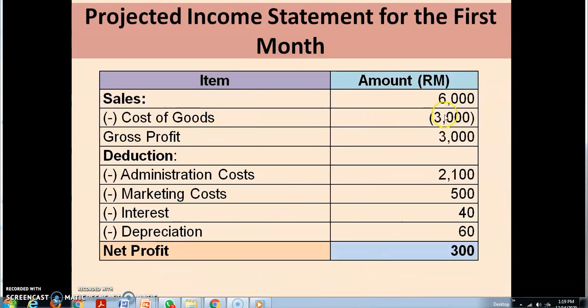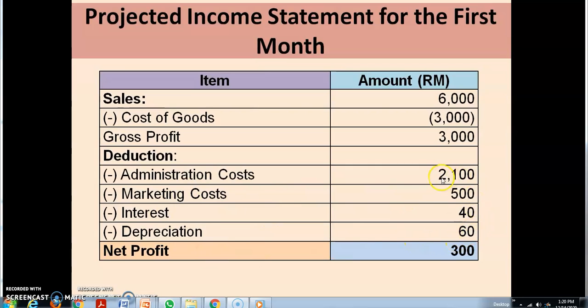Here, after you have the gross profit, if you want to determine the break-even point, you must deduct the total operating costs from the gross profit amount. So you will get the break-even point. Let's say here the gross profit is 3,000 ringgit, and the administration cost is 2100, marketing cost is 500, interest is 14, depreciation is 60.